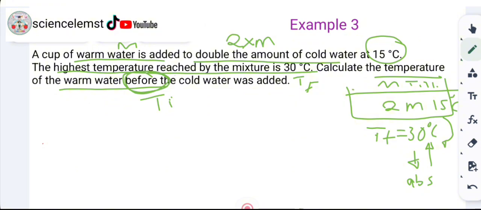And then when I look at the warm water, what is happening? I know nothing about its initial temperature. So if this one is going to absorb, it means this one is going to lose, because they can't both absorb or they can both lose.